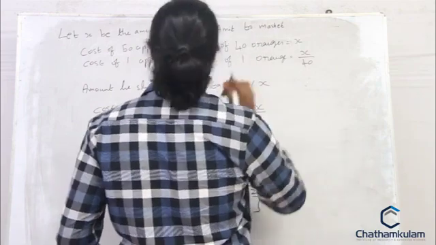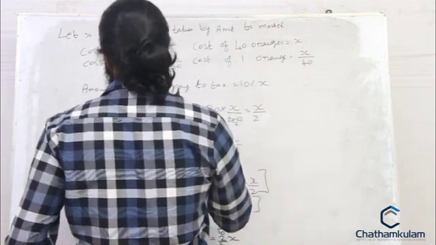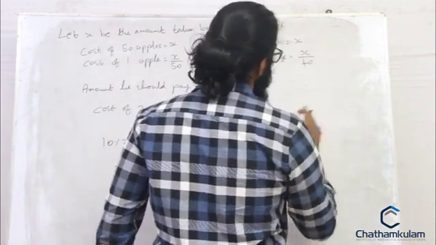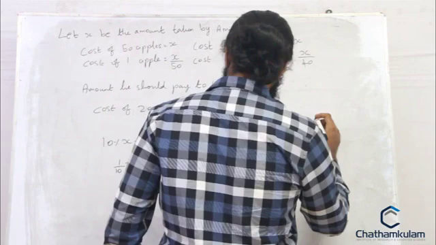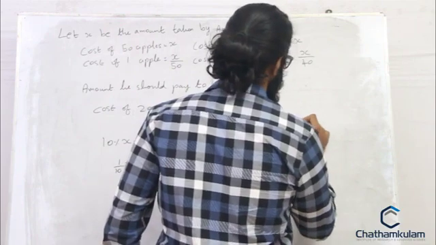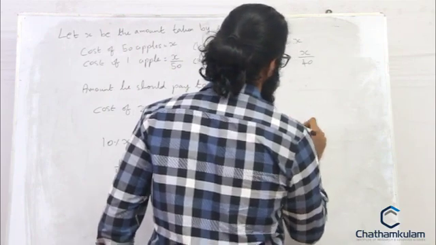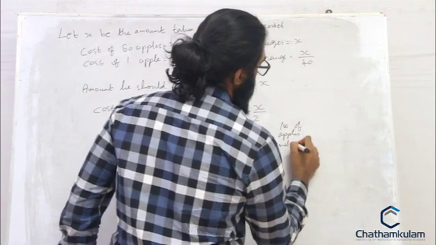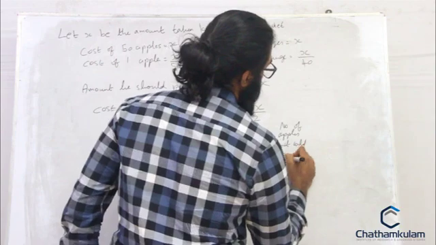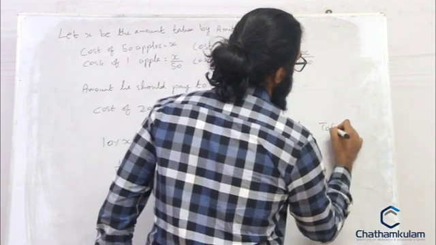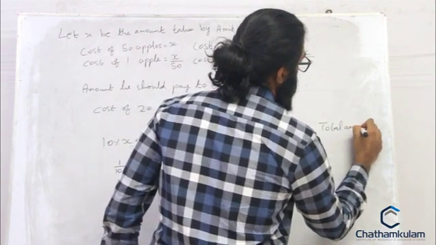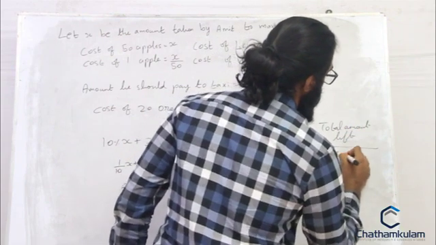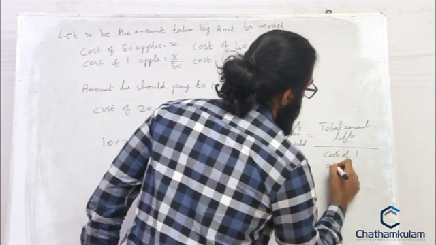So how do we find how many apples he could buy, right? The number of apples Amit could buy is equal to total amount left divided by cost of one apple, right?